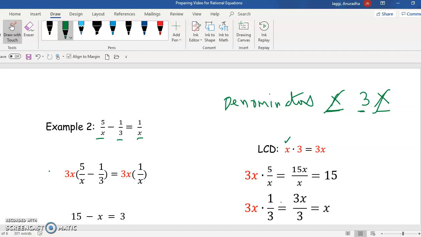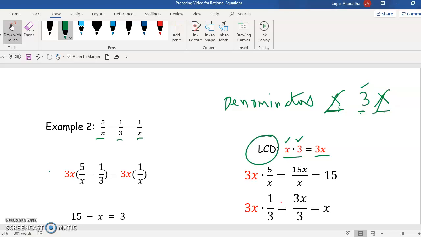And then there is nothing else left but 3. So I'm going to copy that down. So remember, if x or any factor is also present in any other denominator as a factor, you just write it one time. Okay. Now you multiply x with 3, it becomes a 3x. So this is your least common denominator.